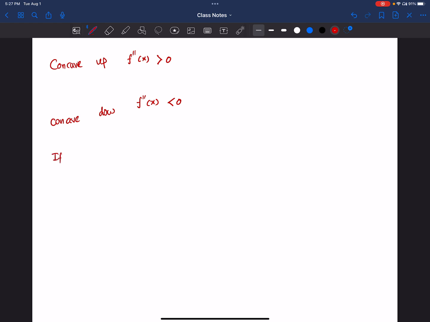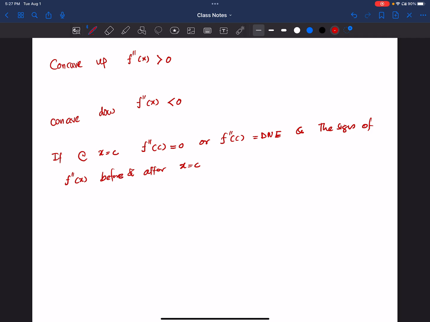And if at x equals c, f double prime of c is 0 or f double prime of c does not exist, and the sign of f double prime of x before and after x equals c changes, then x equals c is a point of inflection.